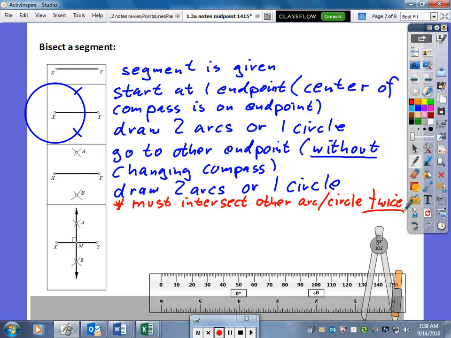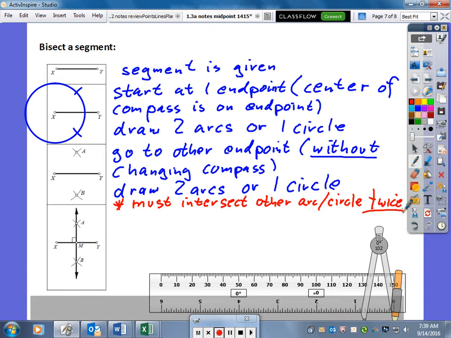And so when we connect these 2 points, we will create a point on the segment X and Y, which is named here by the letter M, and that is the midpoint because it's also equally far away from X and Y. That's the whole point of the exercise.